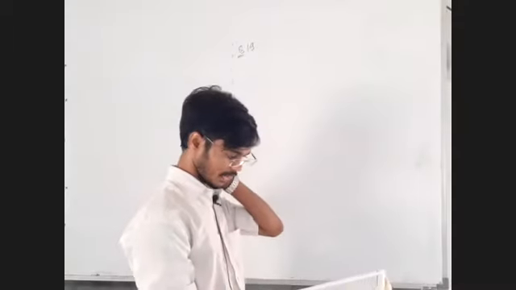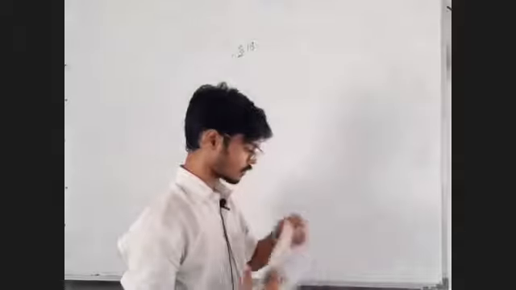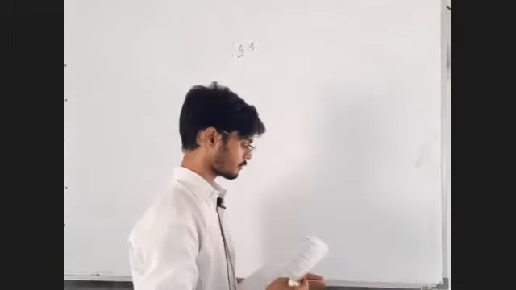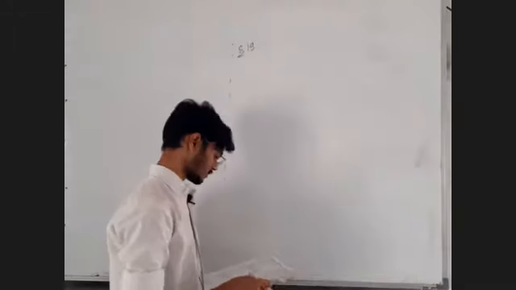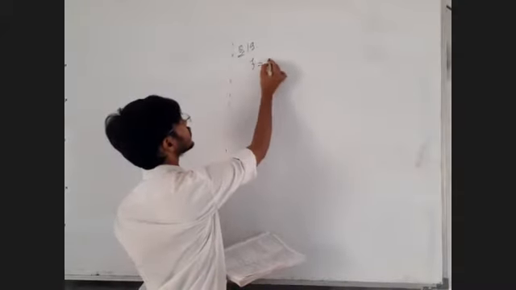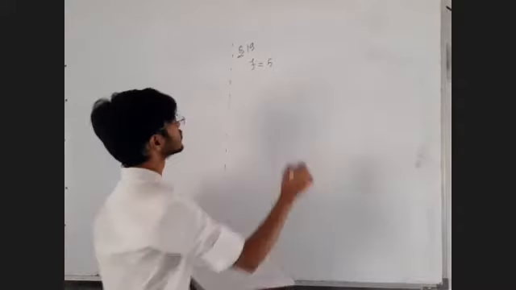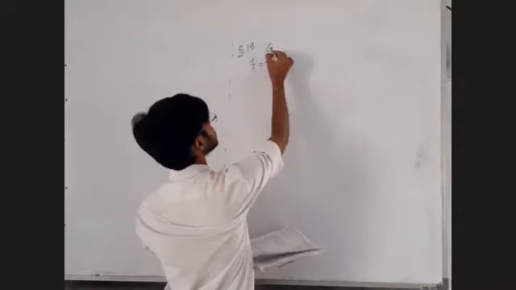A sample of ideal gas, small f is equal to 5, is given to us. Small f means degrees of freedom. So we are given an ideal gas, a gaseous system.